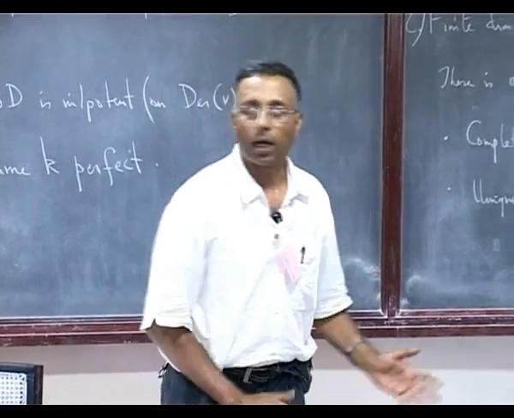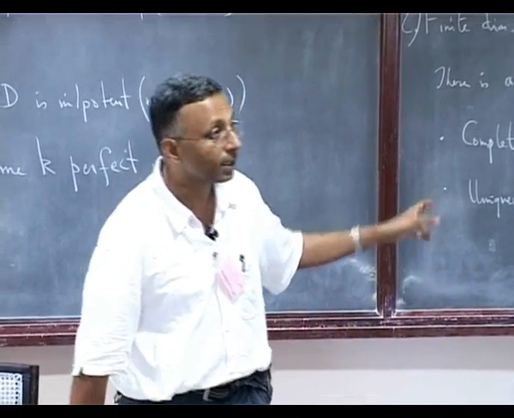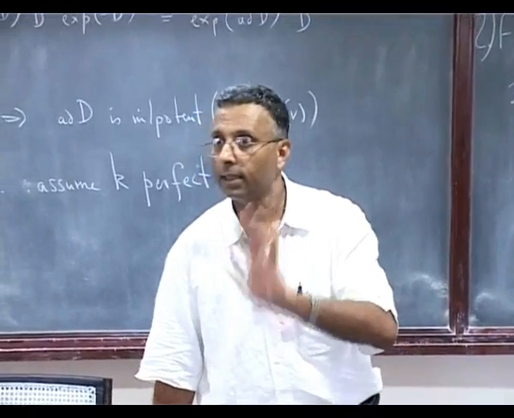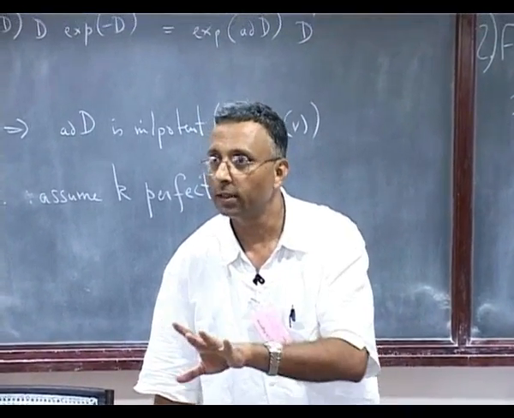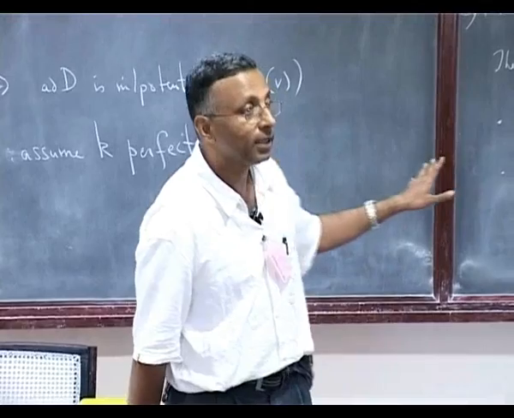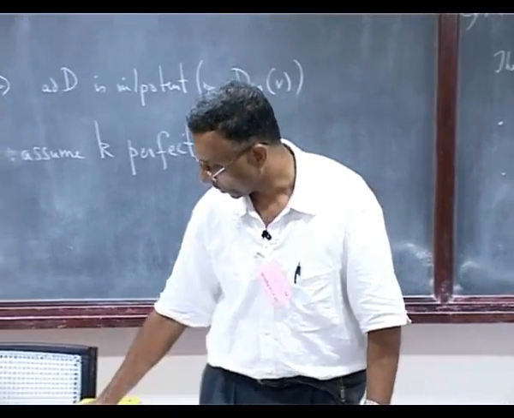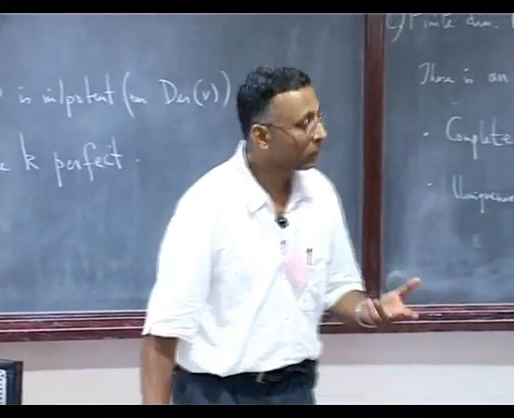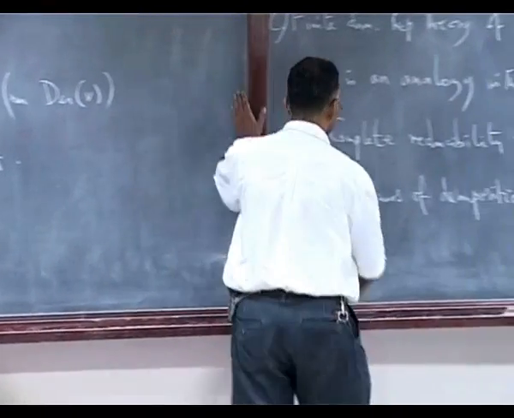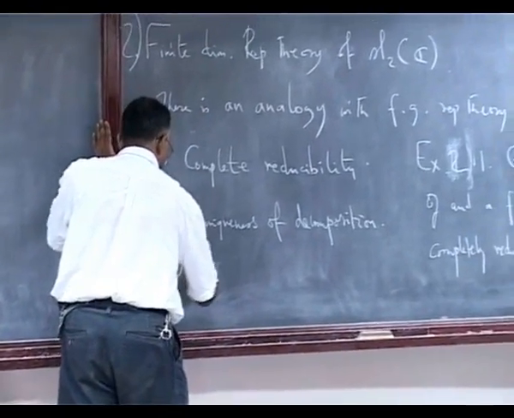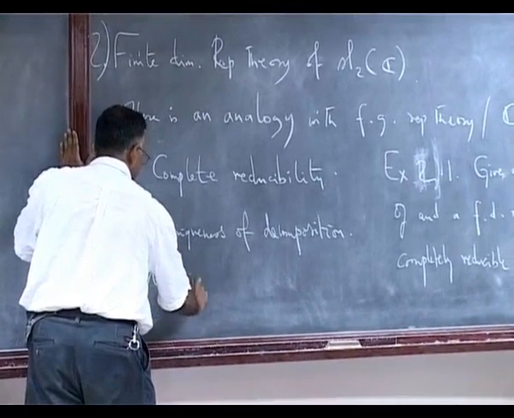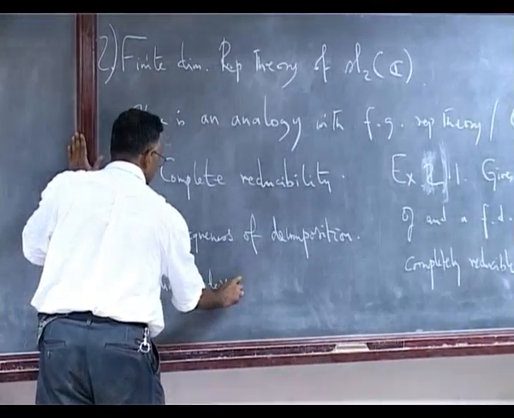So we are not going to worry about that, but in any case, the good news is that in this particular case, you can prove uniqueness of decomposition by linear independence of irreducible characters.